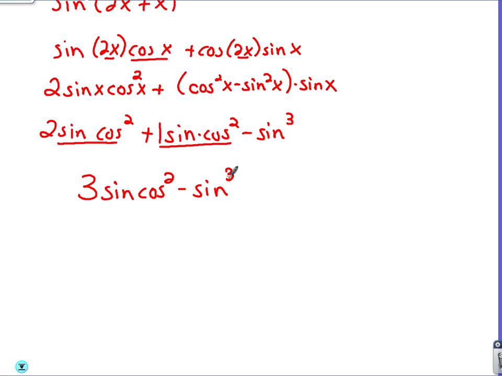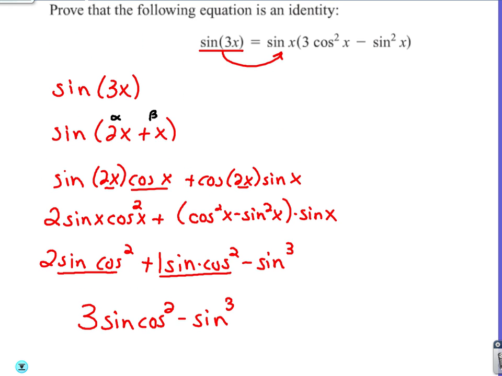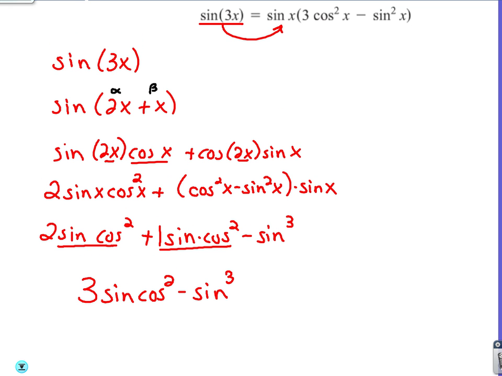Now look what our goal is. Look where we're at. Look what our goal is. It looks pretty close now. The only thing I noticed is that in my answer, which is really what this is, I'm trying to make it look like this. This is my answer. In my answer, sine is factored out. So take this, factor sine out, and look what you've got. I'm going to put the x back in.